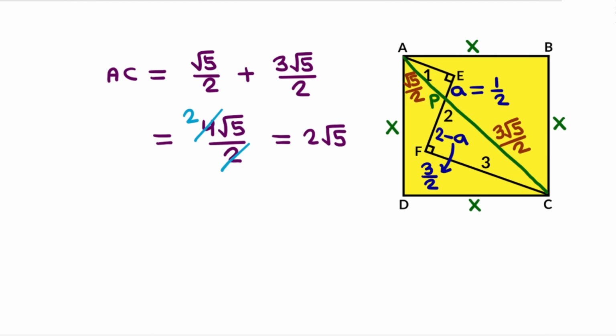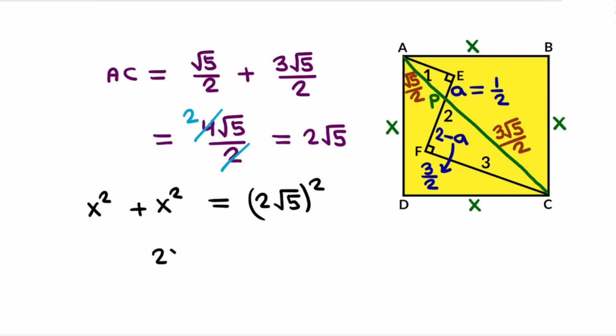Now we're almost there. Look at the large right triangle ADC. It is exactly half of the square. Both of its legs have length x, and its hypotenuse is the diagonal AC, which we just found. So one final application of the Pythagorean theorem. x squared plus x squared equals 2 times the square root of 5, all squared.